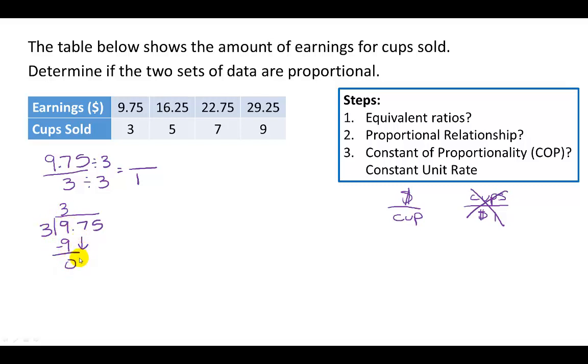We bring down 7. 3 goes into 7 2 times. 3 times 2 is 6. 7 take away 6 is 1. Bring down 5. 3 times 5 is 15. 15 take away 15 is 0.